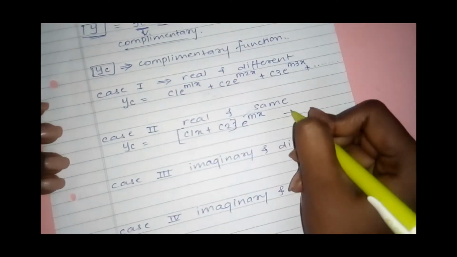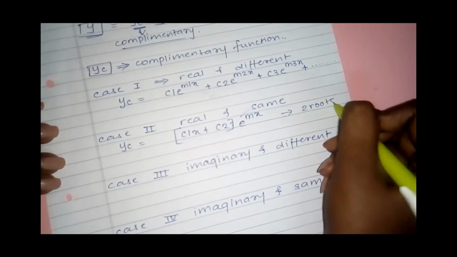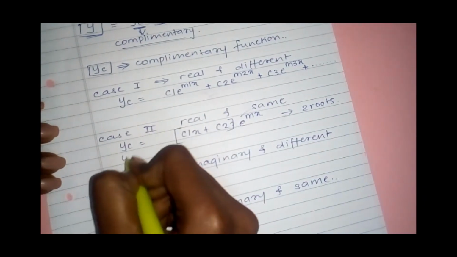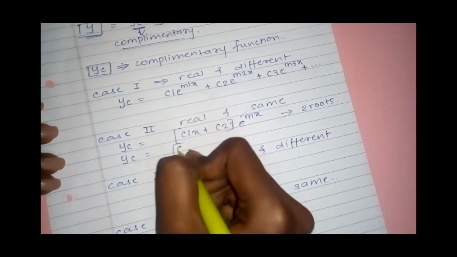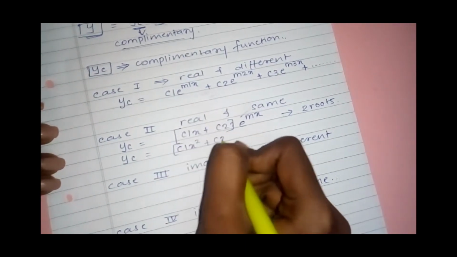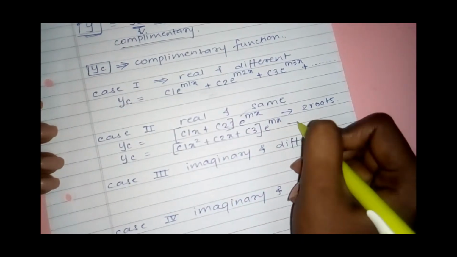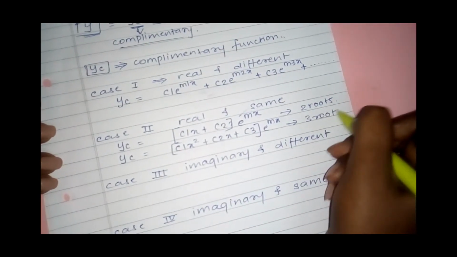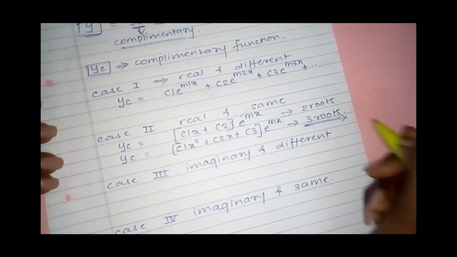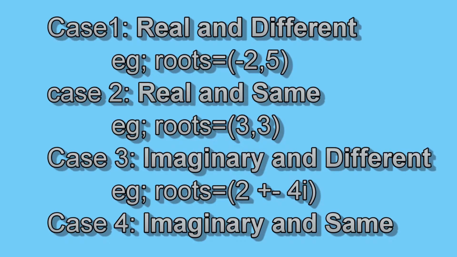If we have 3 equal roots, then yc is equal to (c1x square plus c2x plus c3) e raised to mx. All the m1, m2 and m are the roots. These are the cases. You can pause the video and see the examples mentioned.